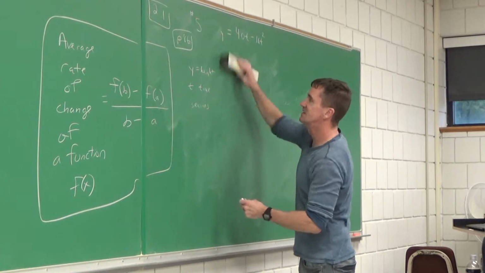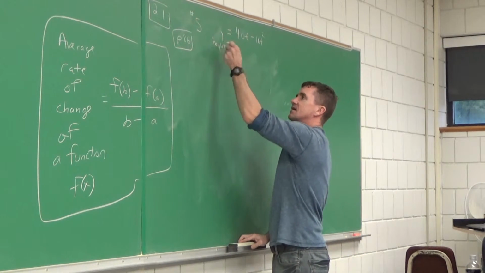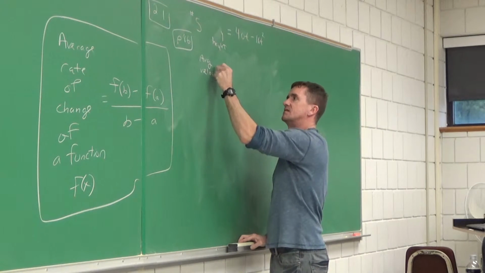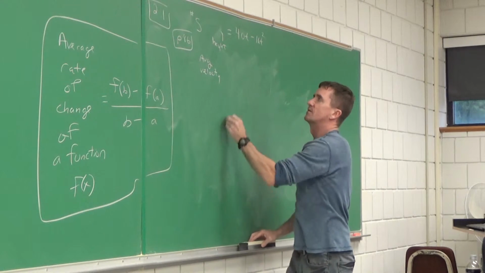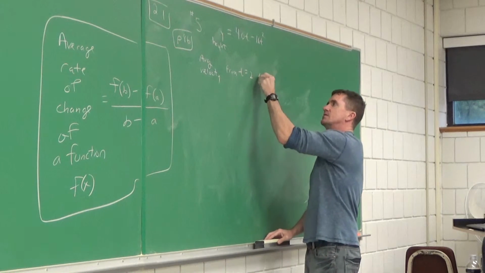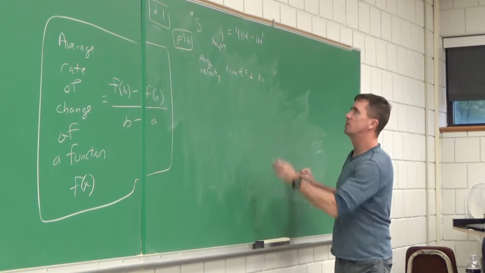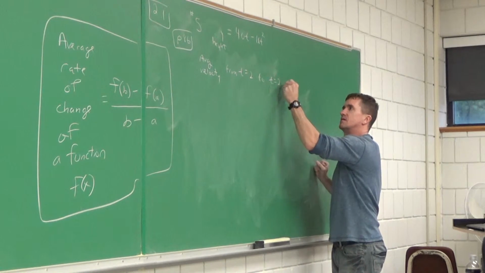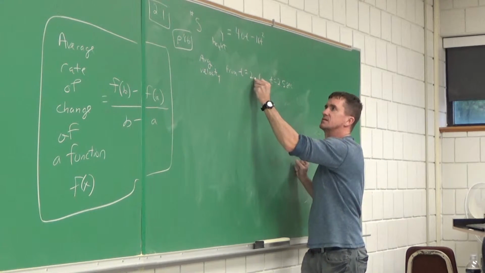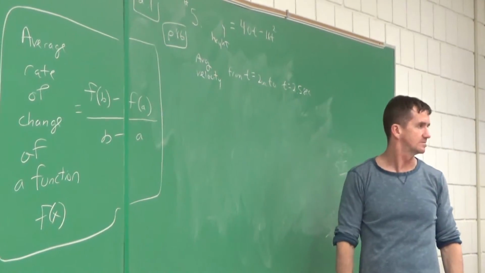I need you to find the average velocity from t equals 2 to, how much further do we got to go? 0.5 seconds, so 2.5 seconds. So you go from 2 seconds to 2.5 seconds and just find the average velocity.